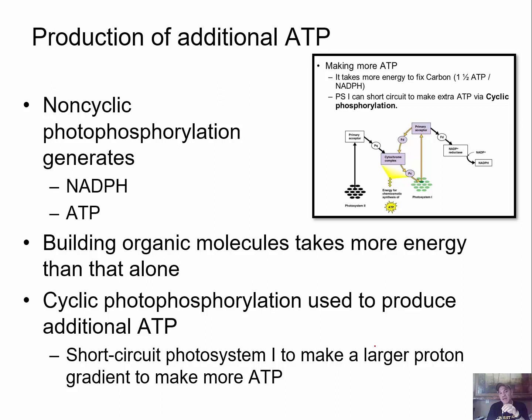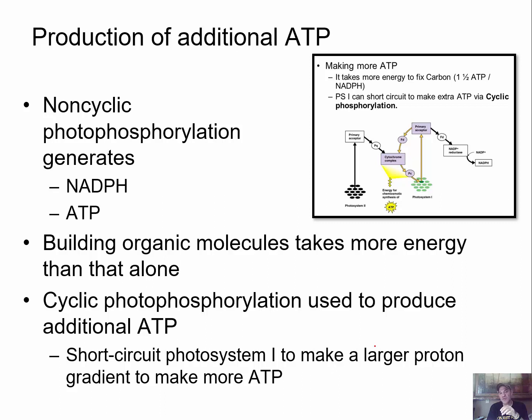If we're creating ATP and NADPH, as we've shown, there's not enough ATP in that non-cyclic process. So there is also a cyclic process that occurs between these photosystems. We actually will short circuit one of them. So instead of the electron continuing on to reducing NADP, the electron is brought back.